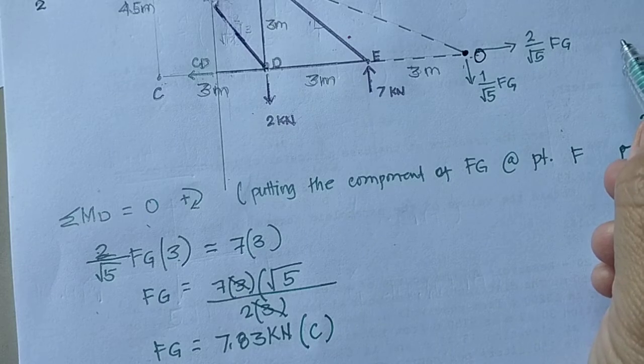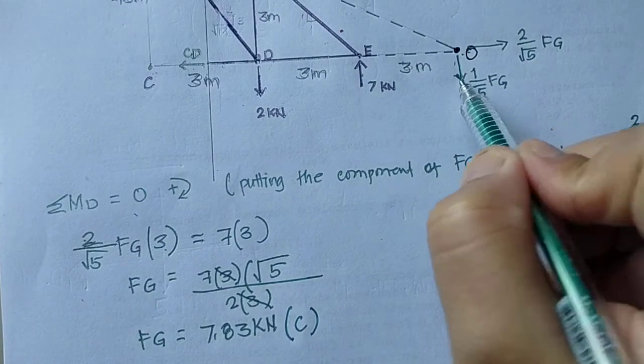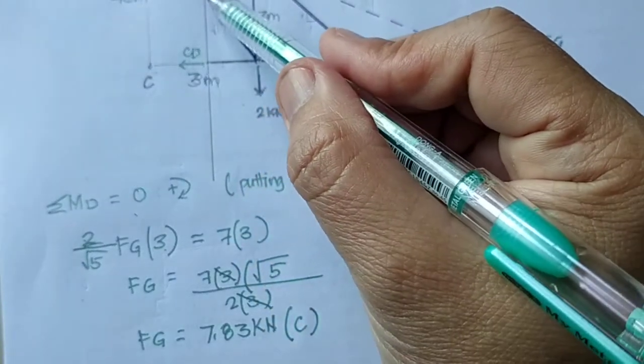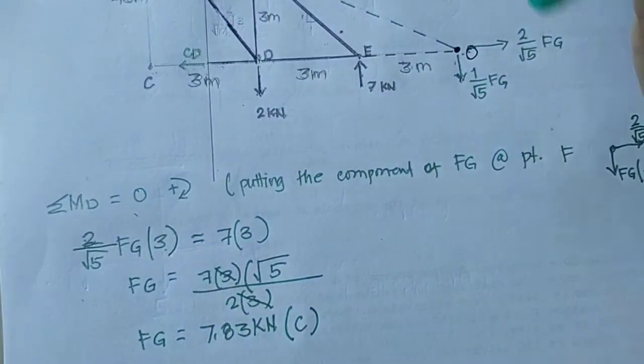The existing force is the vertical component and 7, and CD is 0.